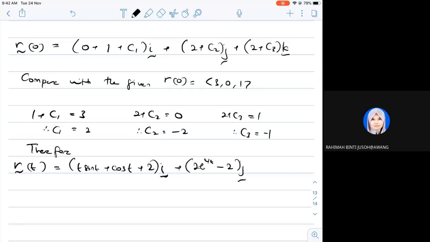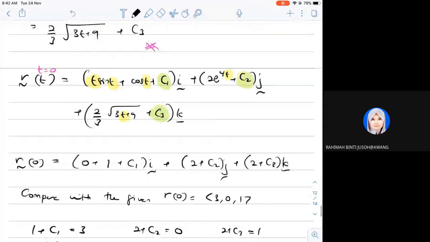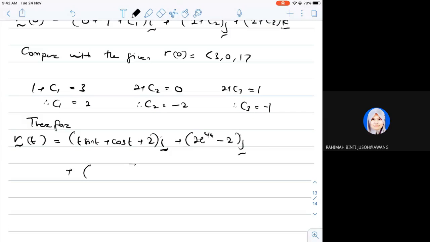Okay, and then plus the third component, 2 over 3 square root of 3t plus 9, plus C3. So C3 is negative 1, so minus 1, this is k. Alright, so this is the answer. Okay, done. This answer is quite long.